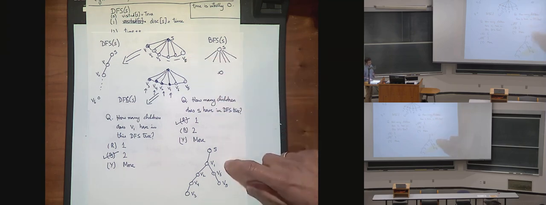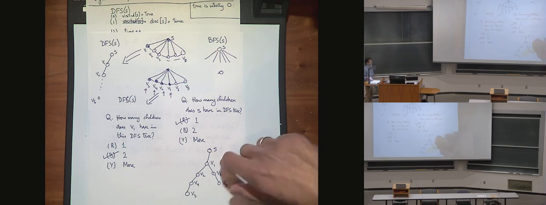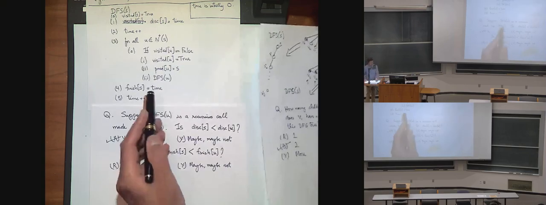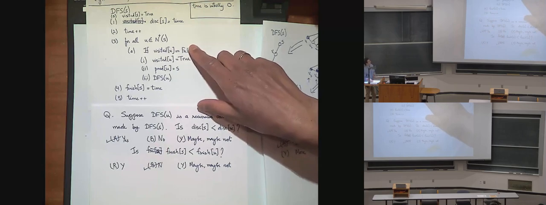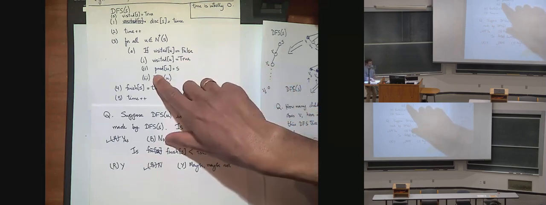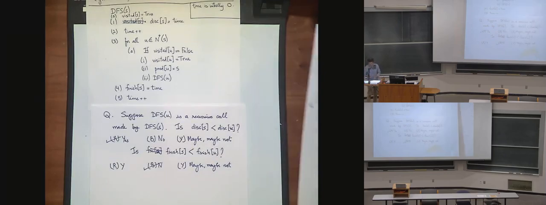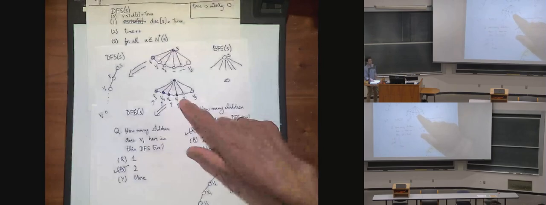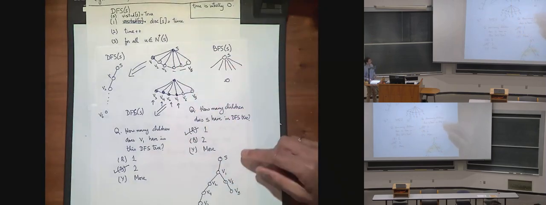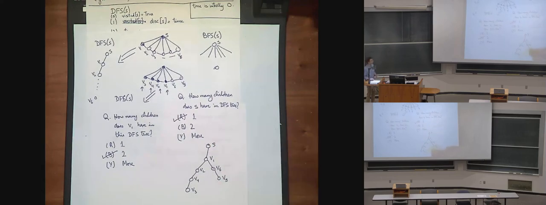The children in the DFS tree is only one. If you go back to the DFS code, a child is how many V's for which the predecessor of V is set to S. There only happens to be one vertex whose predecessor is S, and that's just V1. For everybody else, their predecessor is somebody else. They're all descendants of S, but they're not direct children.